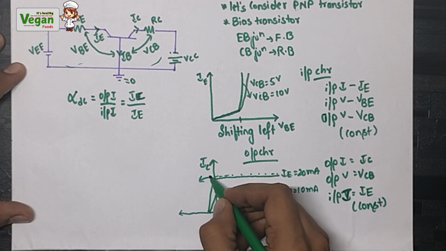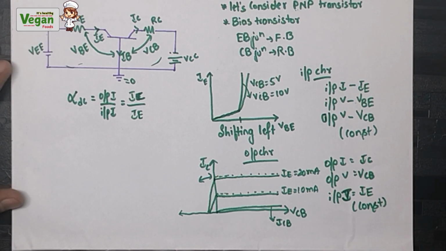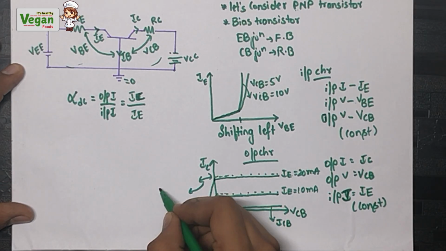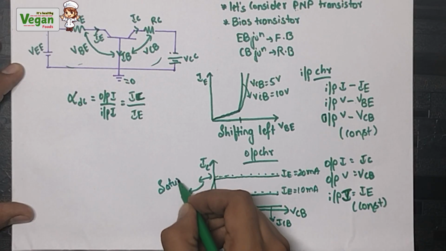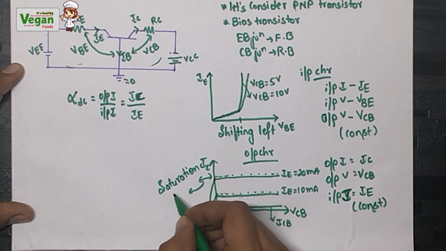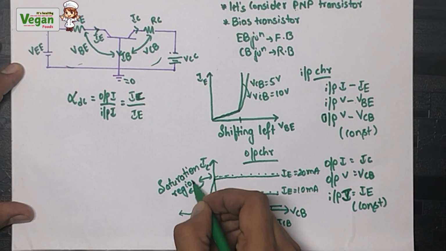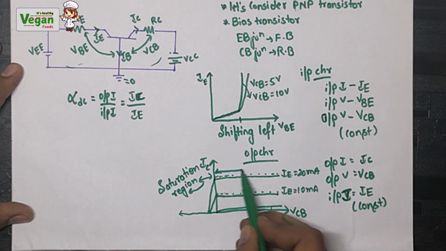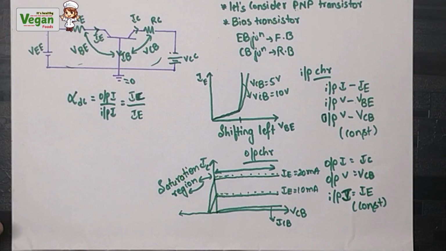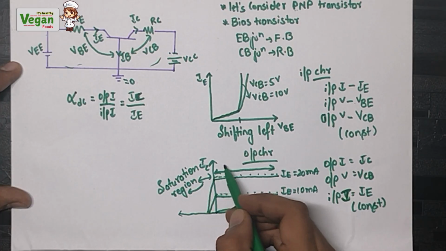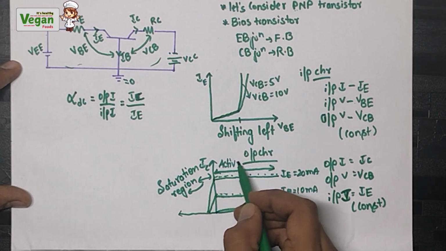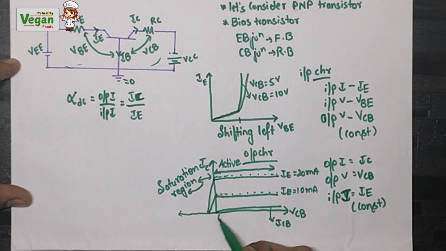This area where the current sharply drops to 0 is called the saturation region. The region where the current is constant and not equal to 0 is called the active region. And where there is no current, we call it the cutoff region.